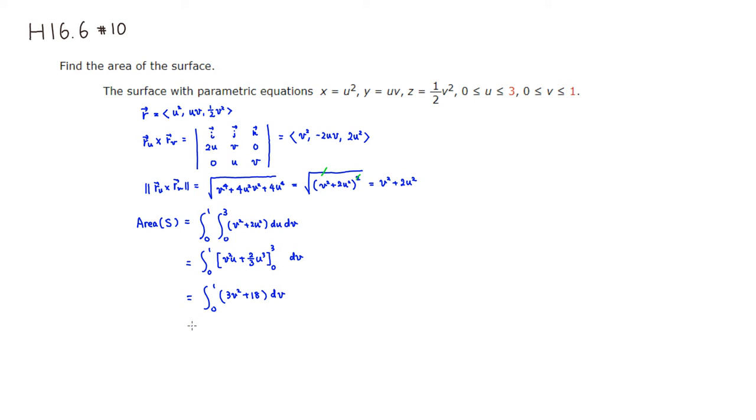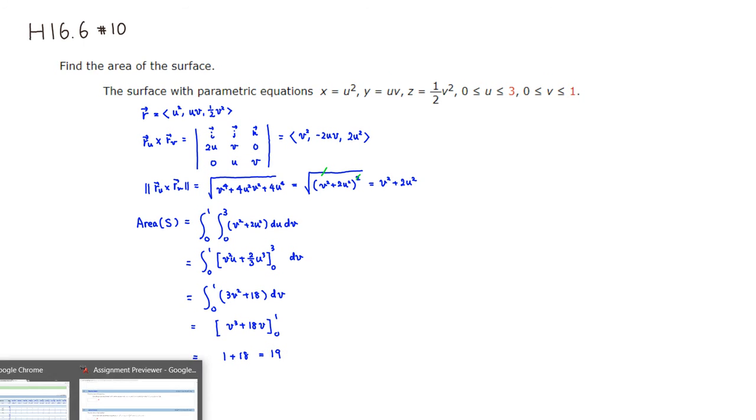Then we take the antiderivative, which is v cubed plus 18v, and v goes from 0 to 1. If you plug in 1, you get 1 plus 18 times 1, which is 18, minus 0. So that's going to be 19.